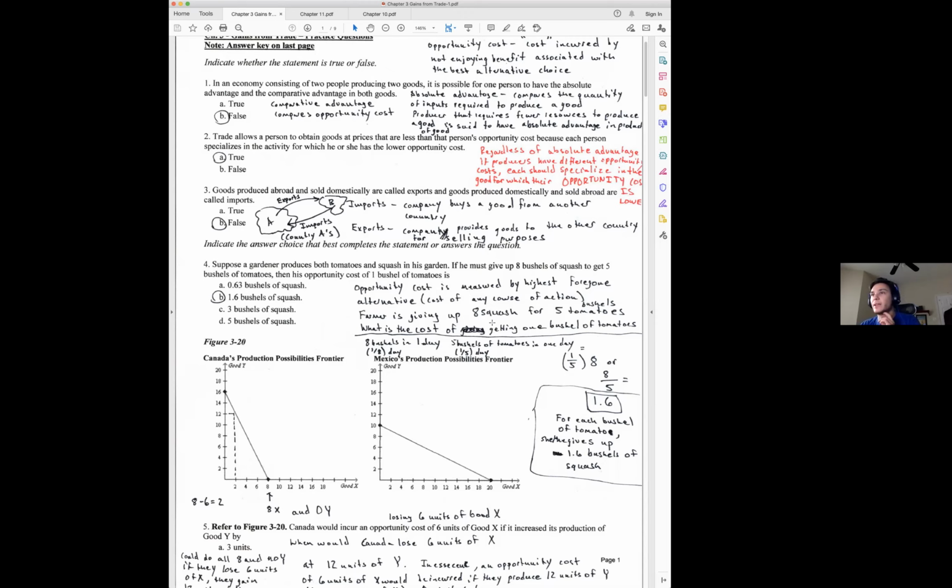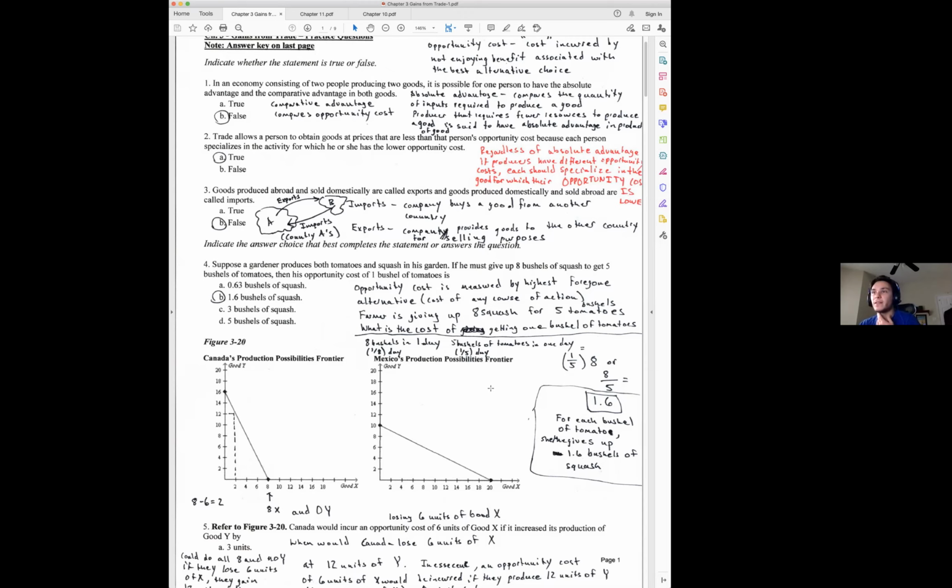So if he's giving up 8 bushels and getting 5 bushels of tomatoes, you use the fraction 8/5 to get 1.6. What does that mean? That's saying that for each bushel of tomato, the gardener is giving up 1.6 bushels of squash.